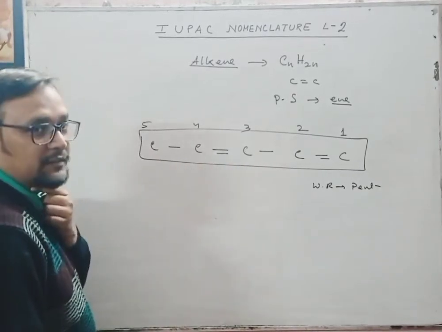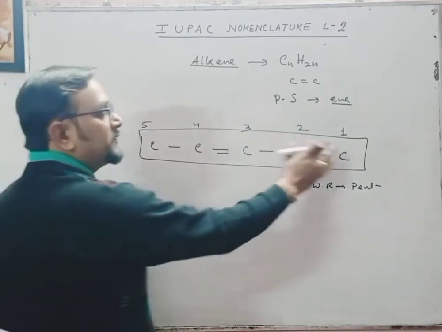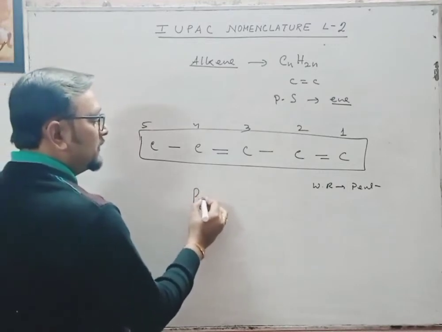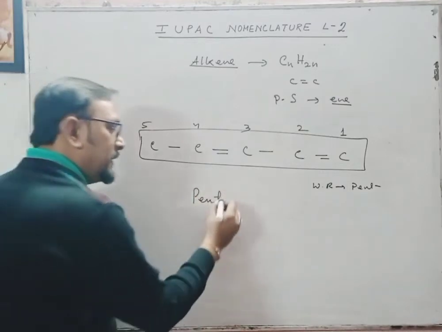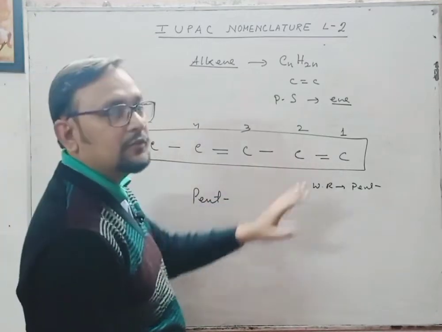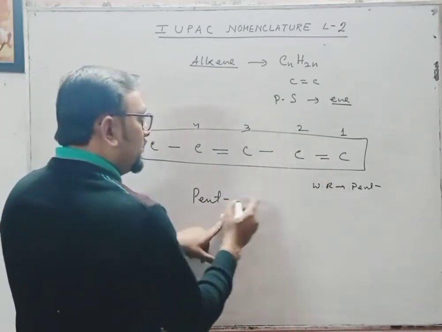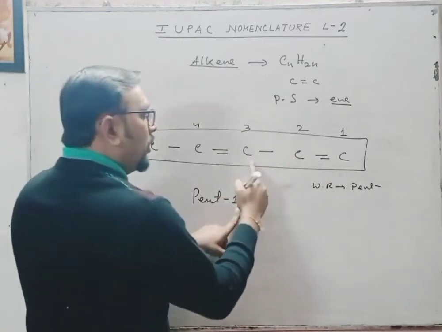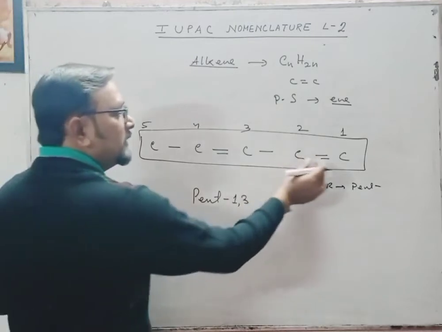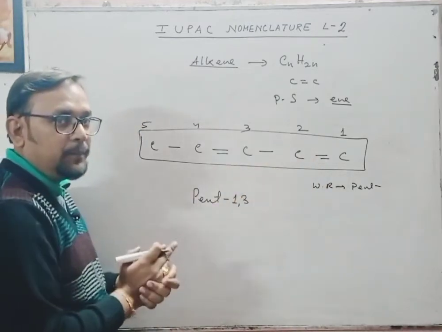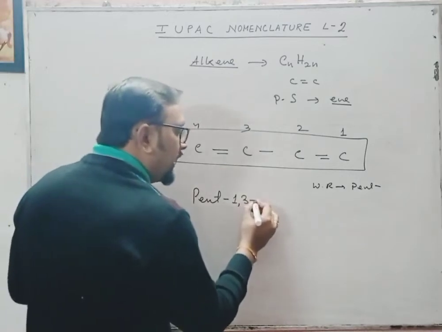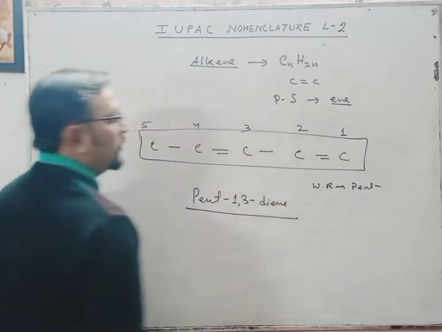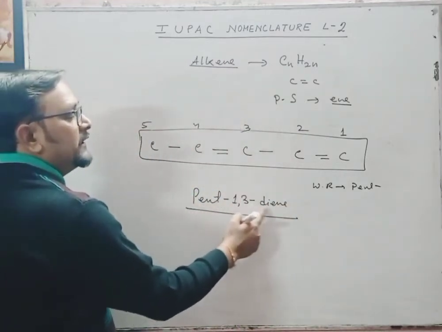Now finally how to name this? Again, no substituent is given. So first you write the word root pent, then mention the locants of the double bonds. It is 1, comma 3. Since the double bond has repeated, we have to write the prefix di, so diene. So this is the name of the compound: pent-1,3-diene. Pent is the word root, then hyphen, 1, comma, 3.